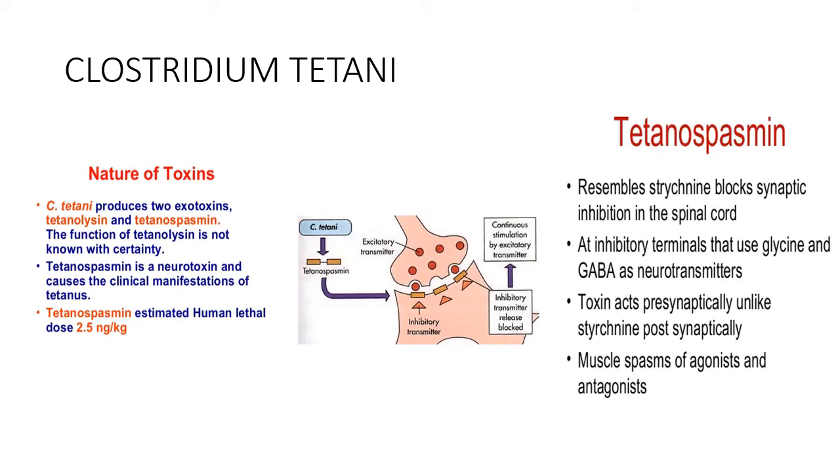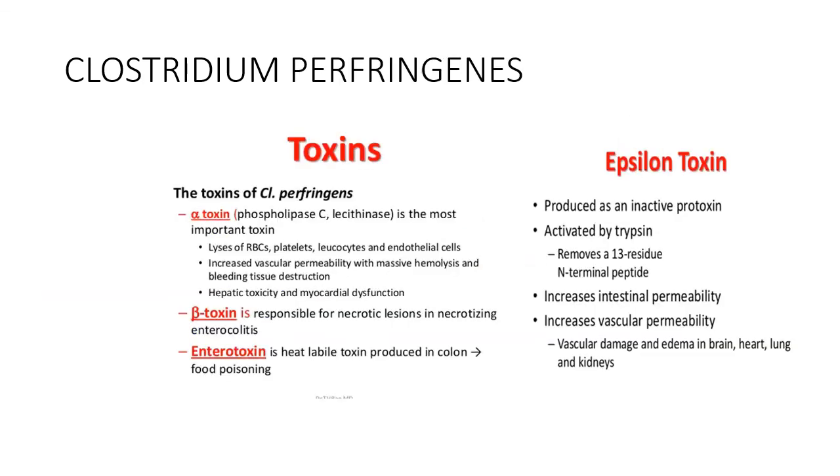So how does this act? It acts by blocking the inhibitory transmitter release. Which are the inhibitory transmitters? That is glycine and GABA. So what happens there? There will be uninhibited excitatory transmitter release, which can produce a muscle spasm of both the agonist as well as the antagonist.